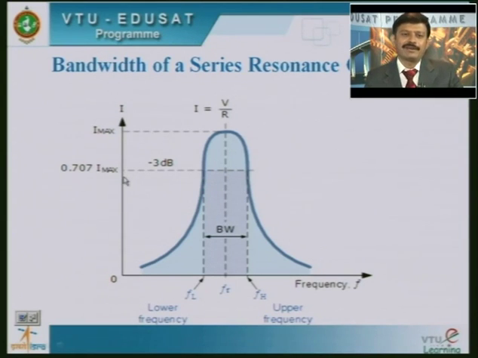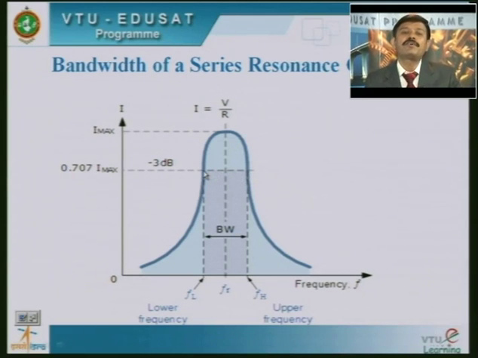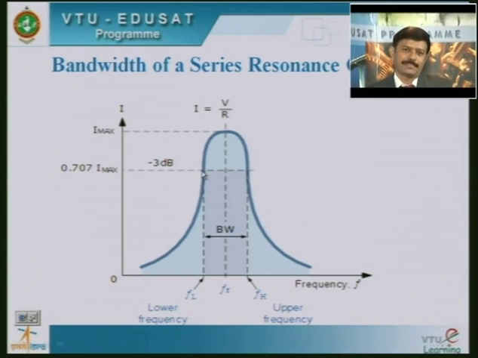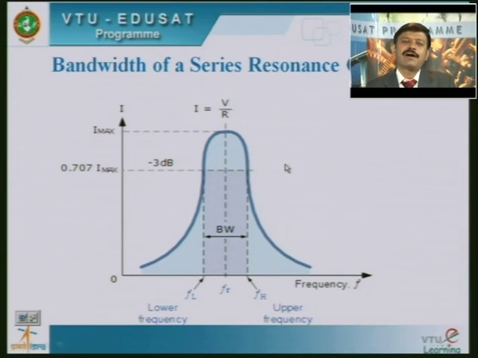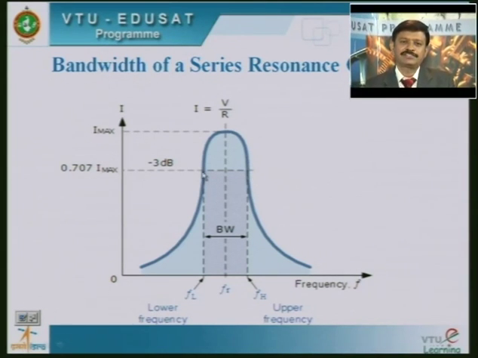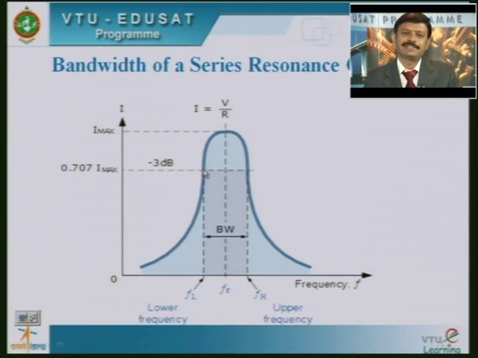Power equation will be P equal to I square R, and power at these 2 points is half of the total power. So P is equal to I square R by 2 at these 2 points, that is at minus 3 dB points, at cutoff points.